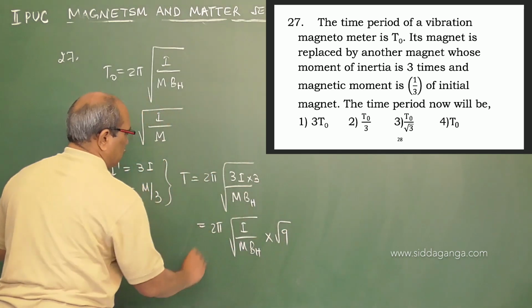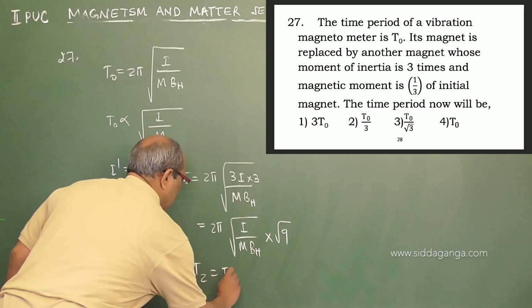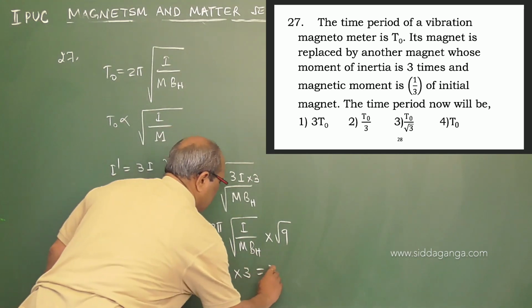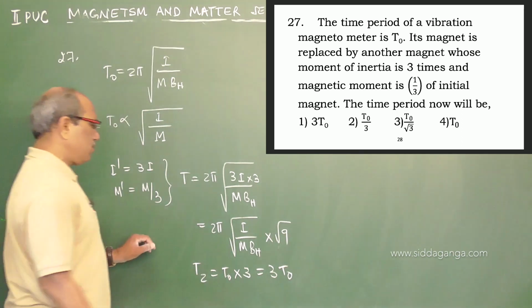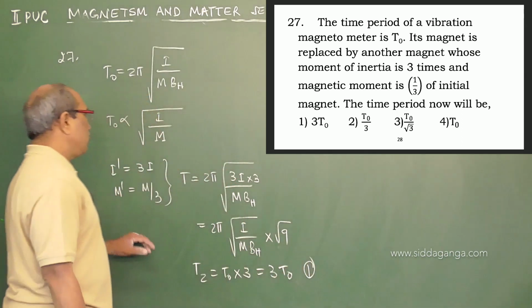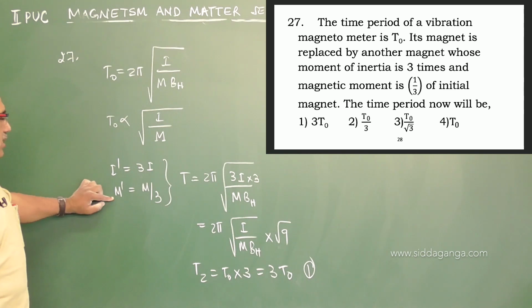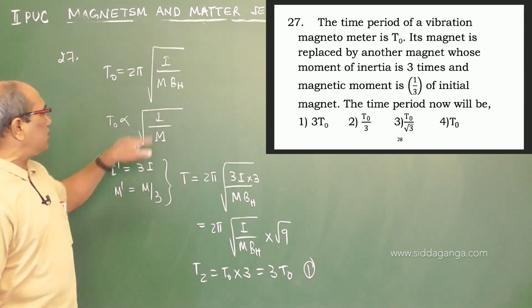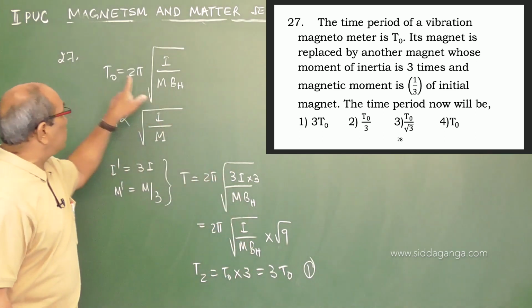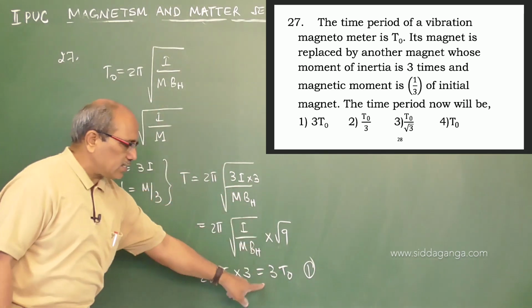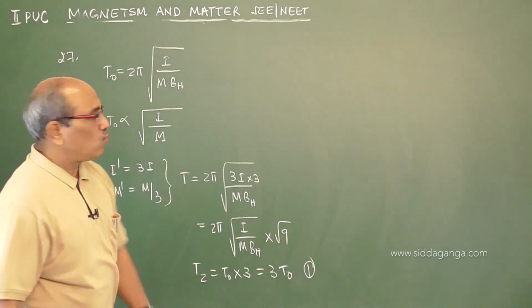This is nothing but T0 into 3, or 3 T0, root 9 is 3. So 3 T0, option number 1. Because they have given I dash is 3I, m dash is m by 3. Just take the equation and substitute I dash and m dash. 2 pi root of I upon mBH is T0. Root 9 is 3. Option number 1.